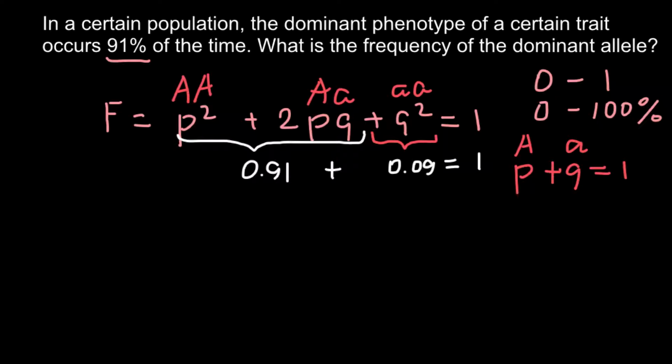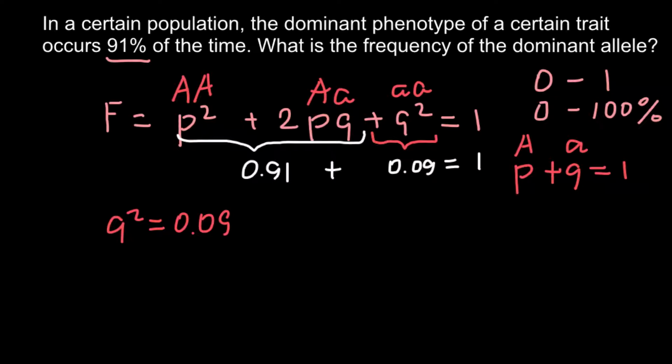Also, if you take a look here, you will find that q squared stands for the homozygous recessive genotype. So let's write down this number: q squared equals 0.09. This is going to be the frequency, so we can easily find q.